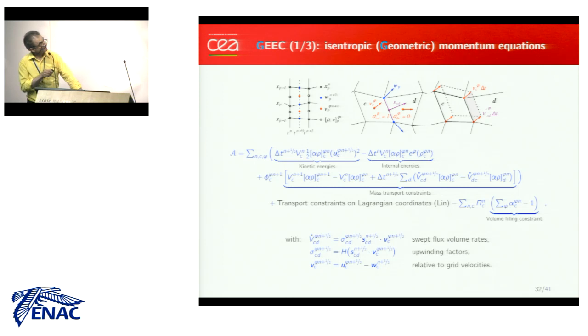Now, we discretize this action integral, so you see it gets ugly, but it's there. I mean, there's no magic here. We have velocities, so it's an ALE setting, so the nodes move with some velocity w, and the fluids move with respect to the mesh with velocity v, and here u is the sum of v and w recentered at the cell center.